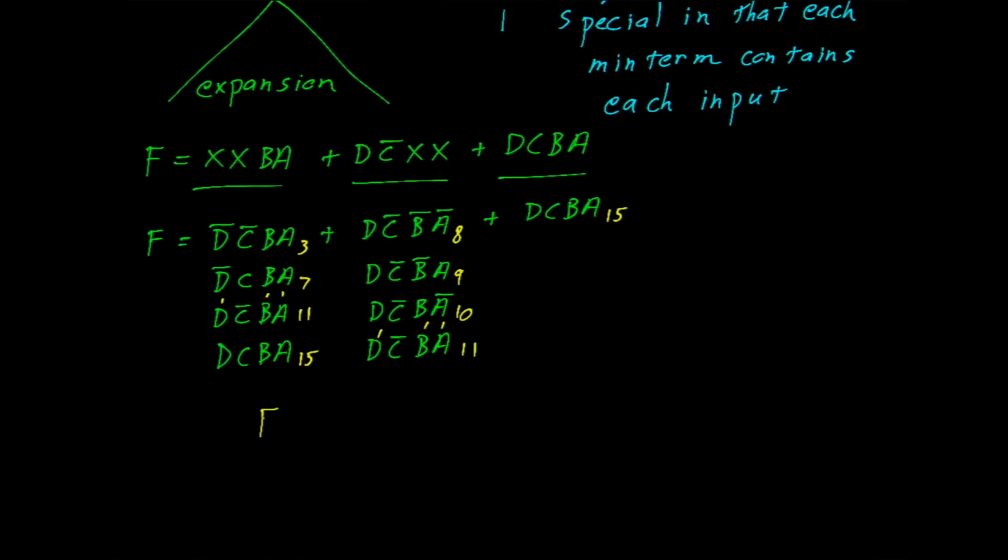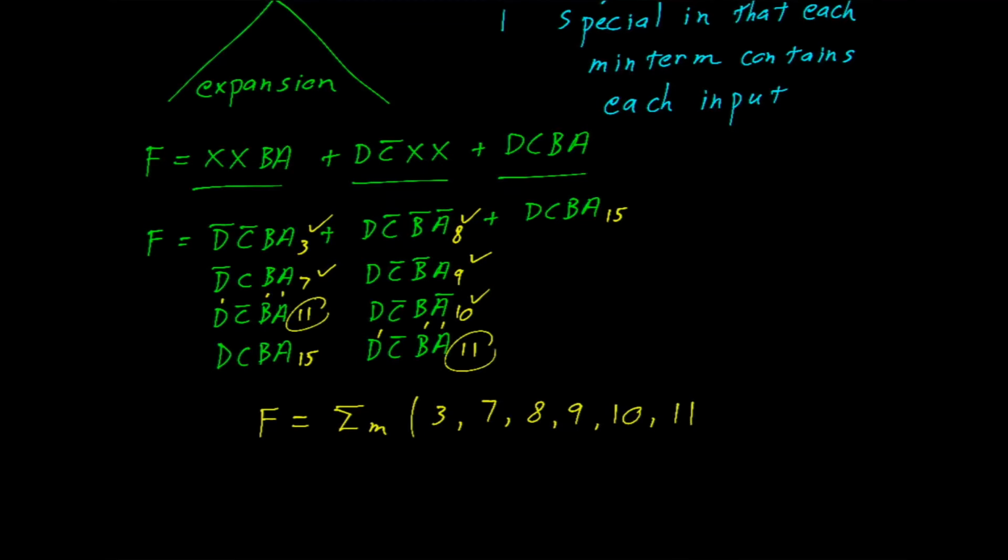The compact sum of minterms equation includes minterms 3, 7, 8, 9, 10, you'll notice there's 2 11s, that takes care of those, and 15.